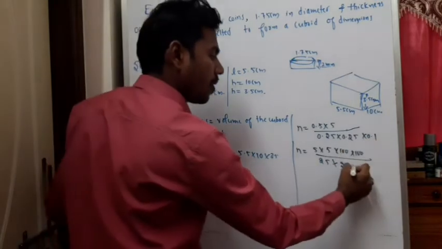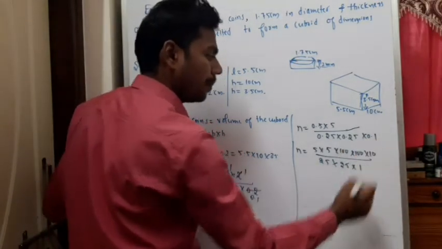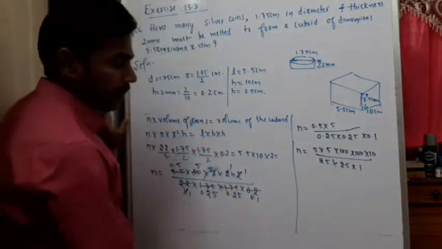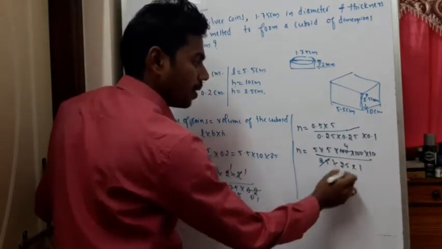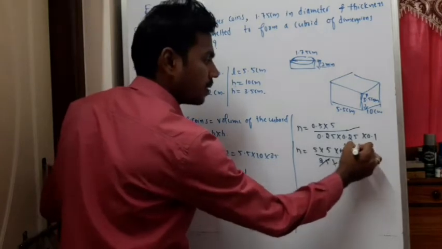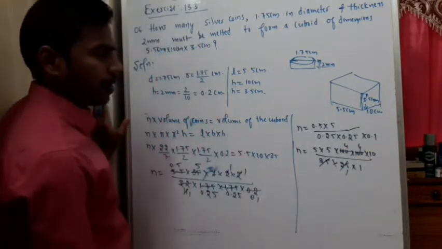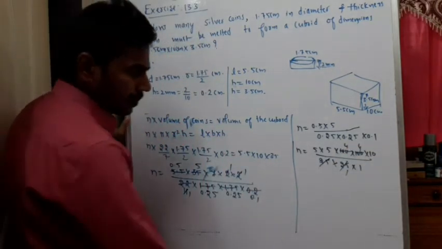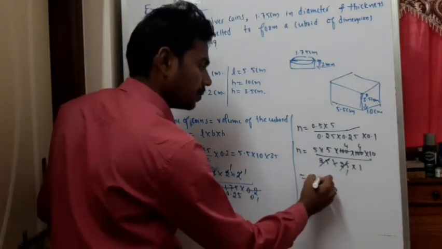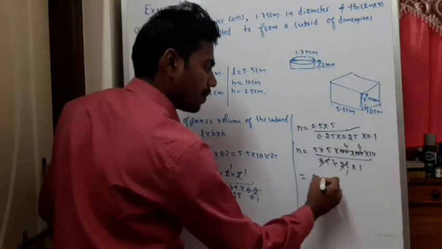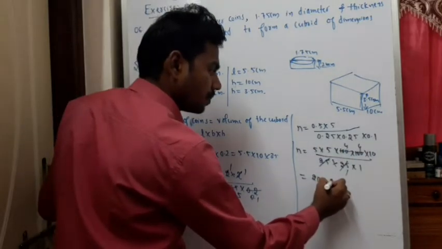Instead of 0.1, I can write 1 by 10. 25 ones are 25, 25 fours are 100. Now, 4 fives are 20.